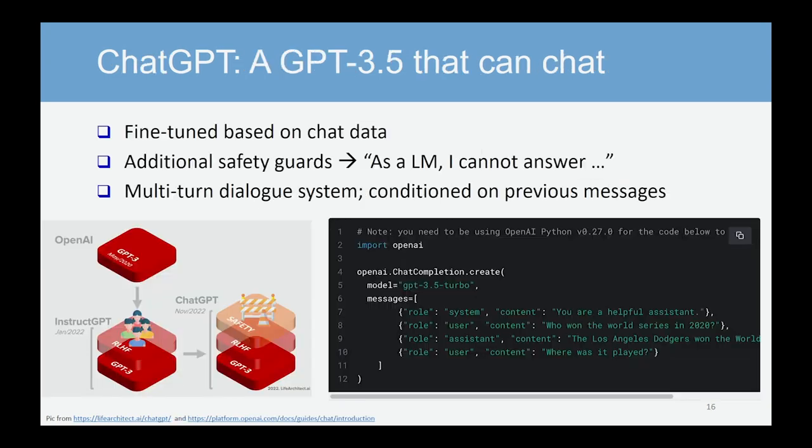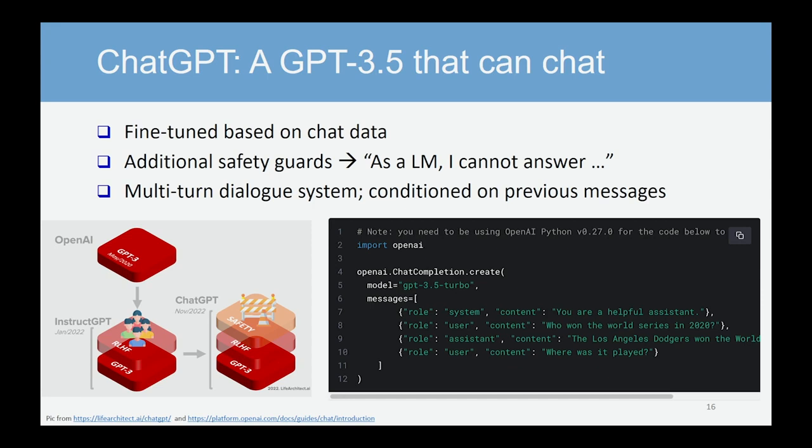So in general, what is ChatGPT? ChatGPT is just a GPT 3.5 that can chat, right? So we have GPT 3.5 there, we have this instructed GPT, and there are additional things being done in ChatGPT. First, we fine-tune this based on chat data, and it will make conversation.